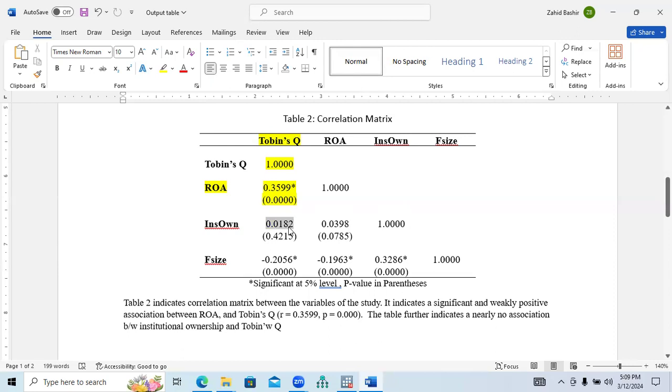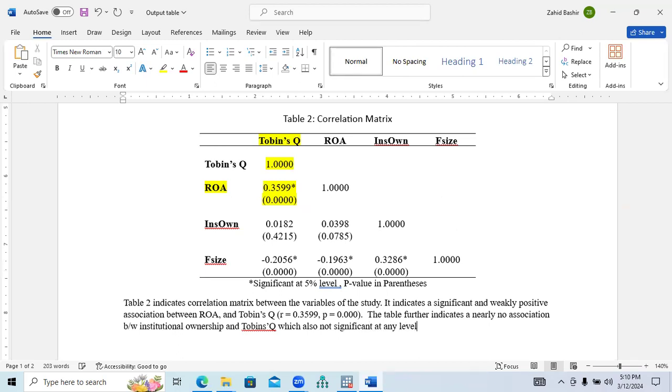This is only 1%. So this is close to zero. The association between Tobin's Q and institutional ownership is zero, and it is also not significant.